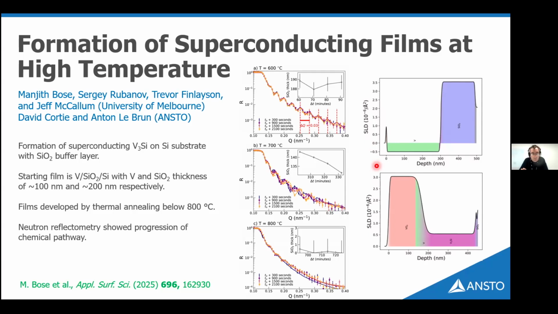And using event mode, we were able to show the progression of the chemical pathway of these films.